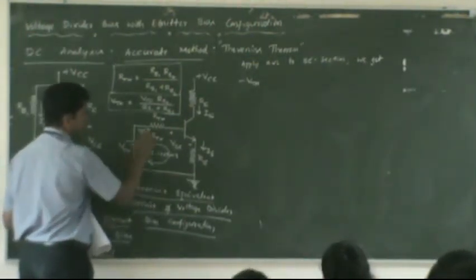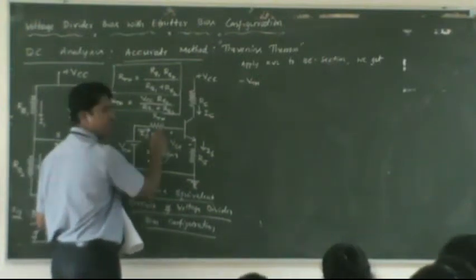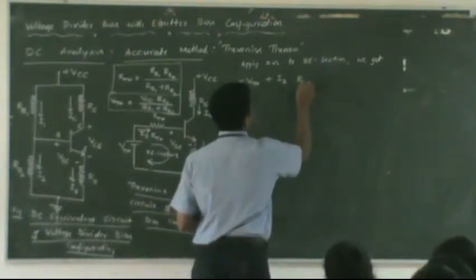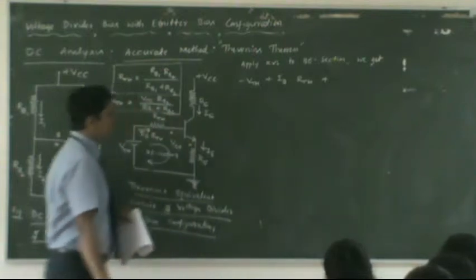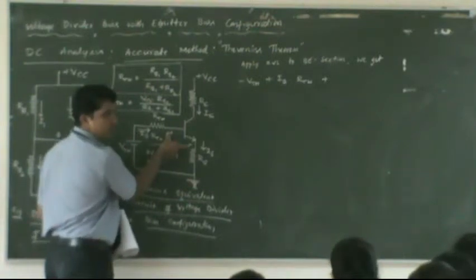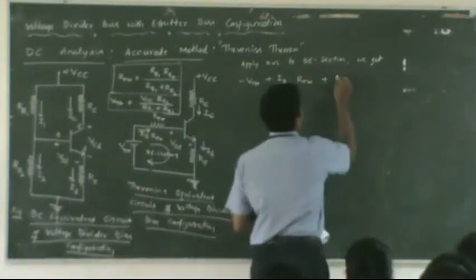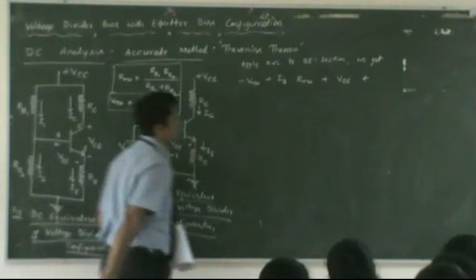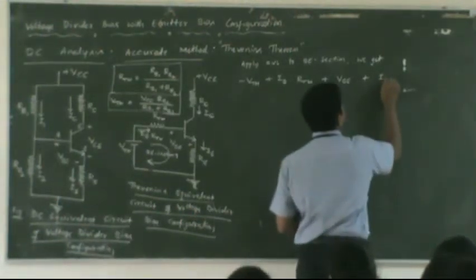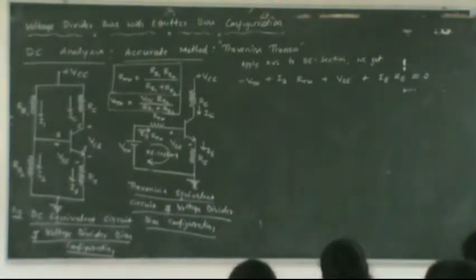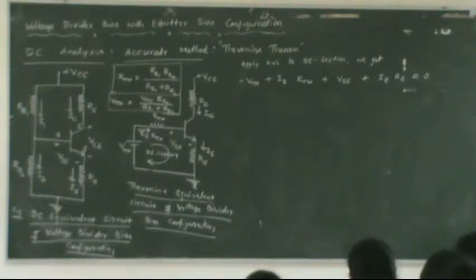If I go in this way, minus VThevenin plus IB times RThevenin, which is the drop across Thevenin's resistance, plus the drop across base and emitter, VBE, plus IE times RE, which is equal to 0. Any questions on this KVL equation? This is again, as usual, the equation we obtained in the emitter bias, right?